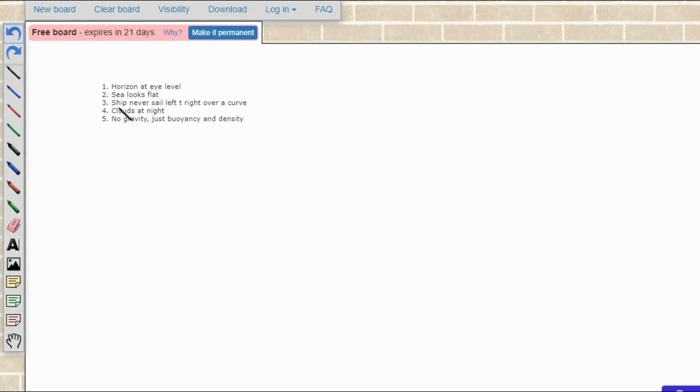Number 3, ships never sail left to right over a curve. That is, when they come within our field of vision, within our horizon line, we see the ship sail from right to left. We never see the ship go over a curve.